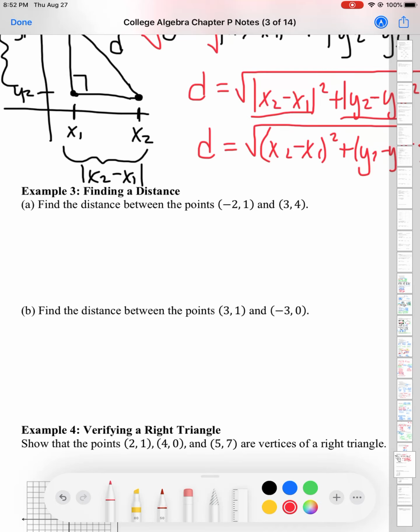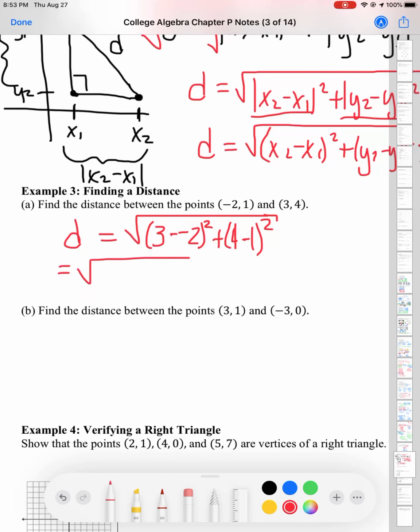So we're going to find the distance between the 2 points. I'll do A and then you can try B. So 3 minus negative 2 quantity squared plus 4 minus 1 quantity squared. That gives me 5 squared plus 3 squared, which is the square root of 25 plus 9, which is the square root of 34.